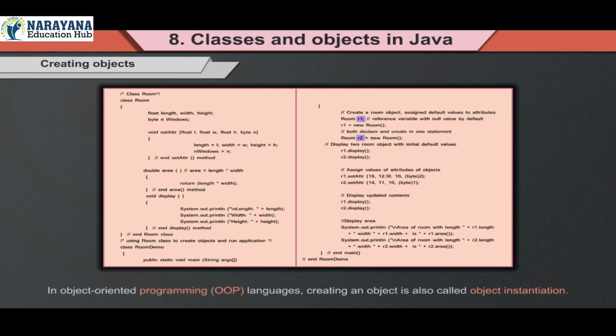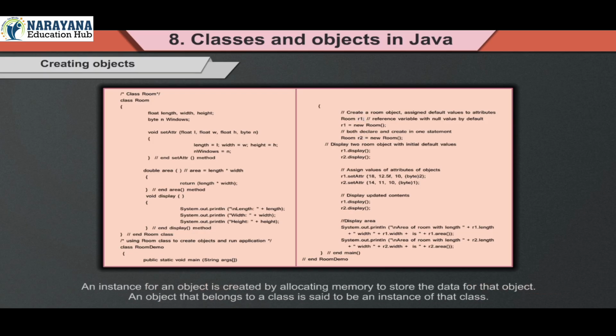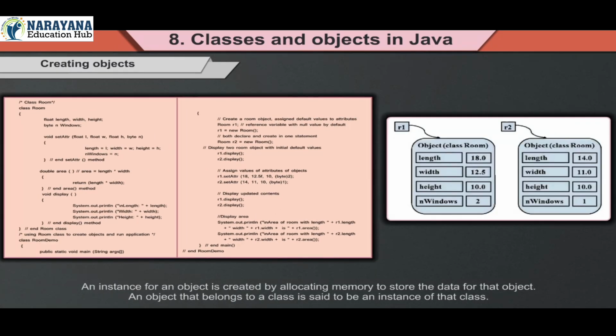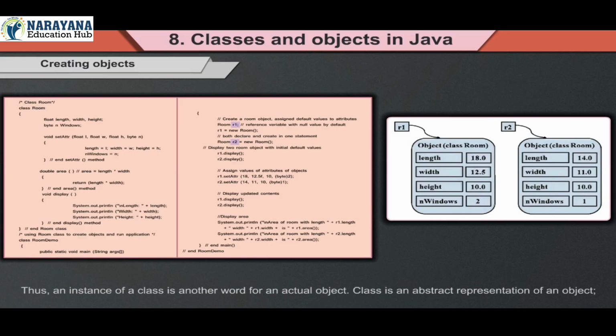In object-oriented programming, that is OOP languages, creating an object is also called object instantiation. An instance for an object is created by allocating memory to store the data for that object. An object that belongs to a class is said to be an instance of that class.